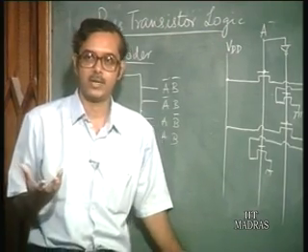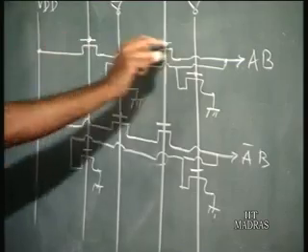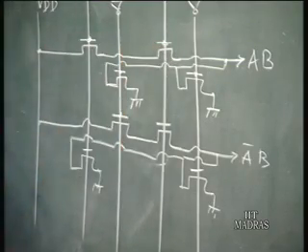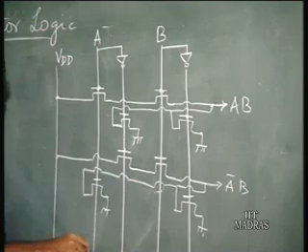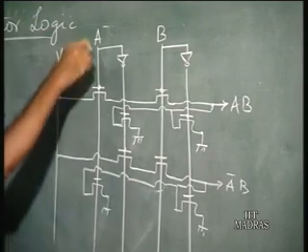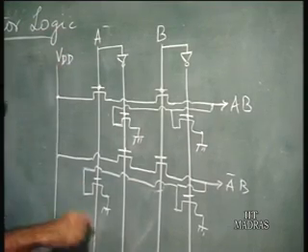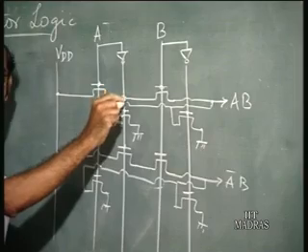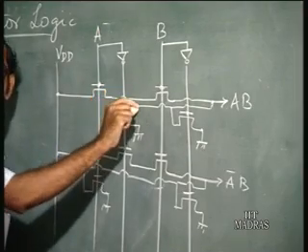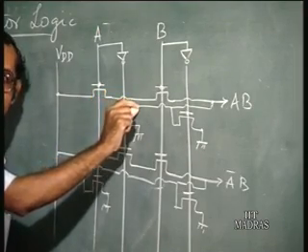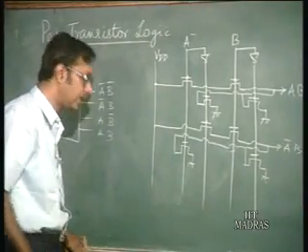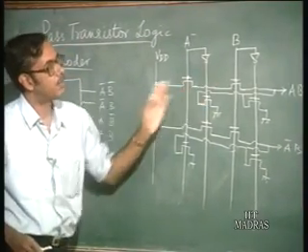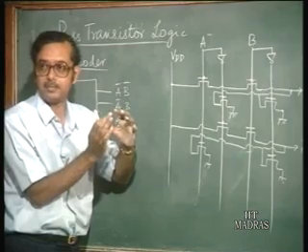It requires very little area, because this line can be made of diffusion, and these are the gates of the transistors. They can be running on polysilicon, so it will just run like this. Wherever you don't want an overlap, you have to make this into metal, for example. So you can have a very dense circuit.